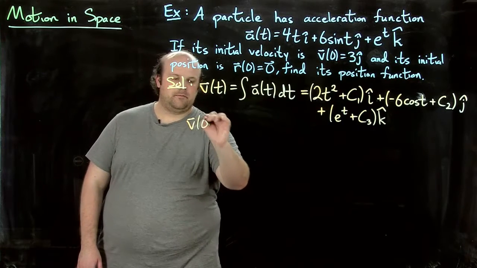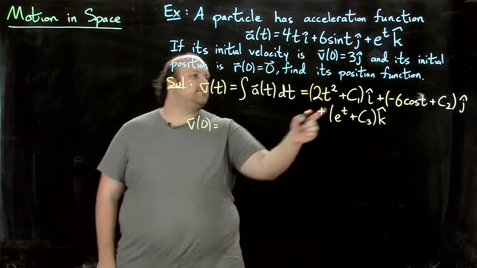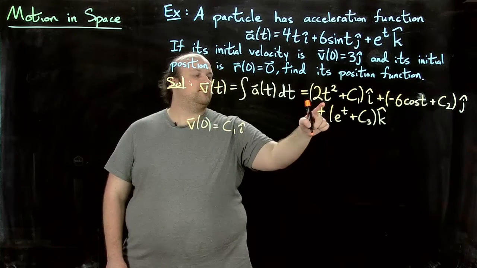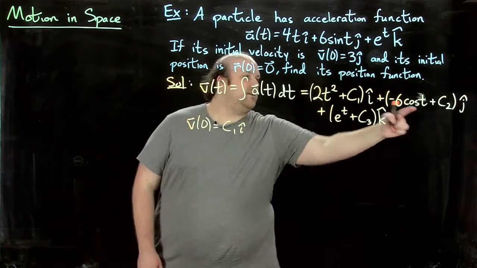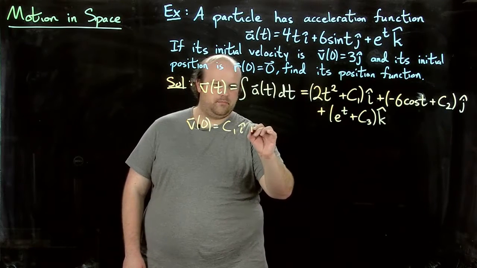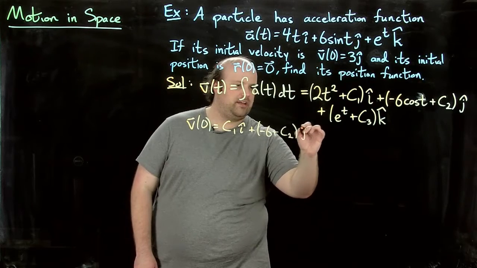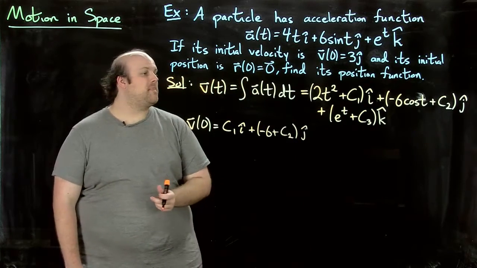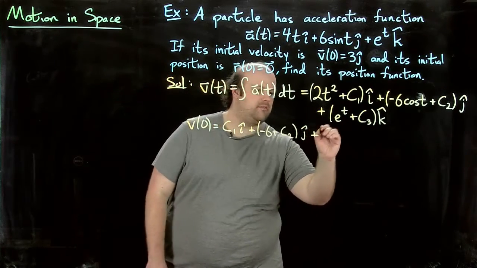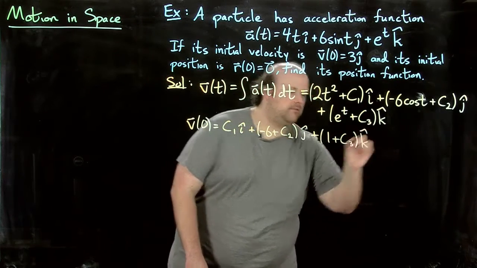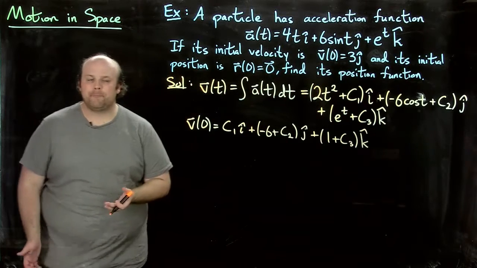So v of 0, this is c1 i. Plug in here, you get 0. Right? Over here, we get plus negative 6 plus c2 j. Okay? And plug in here, plus 1 plus c3 k. Okay?